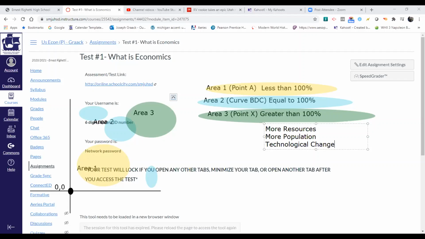We can use those on different things. So we can get to future production in area 3, represented in the green, by discovering more resources, having more babies, population becomes larger, or we have a technological advancement that allows us to do more with less.